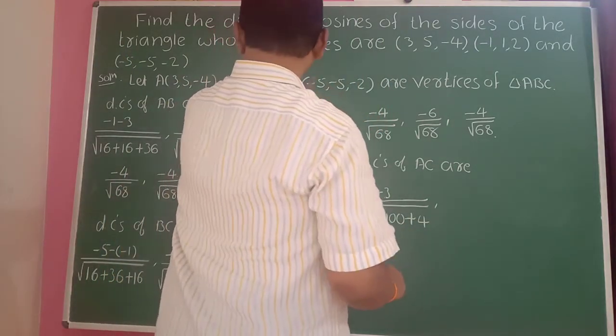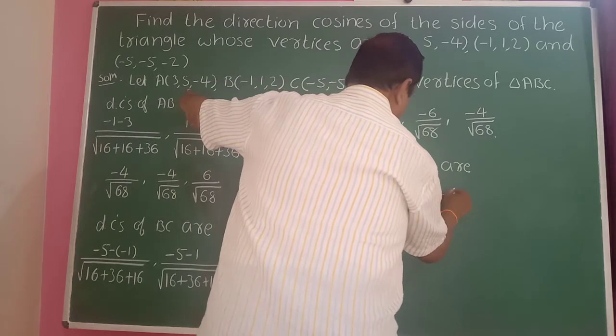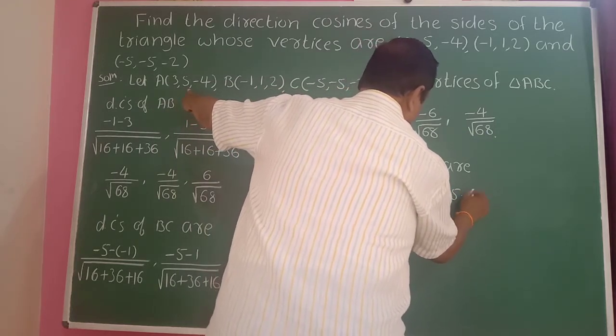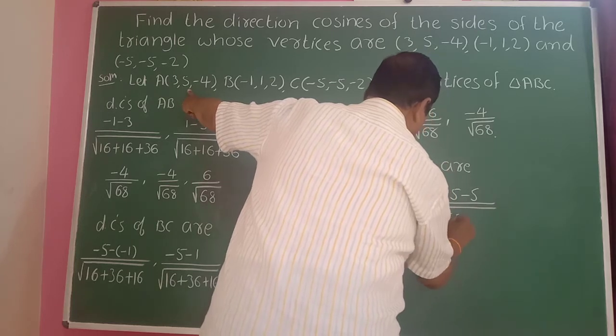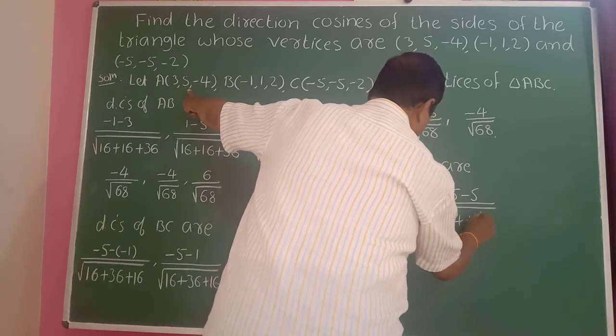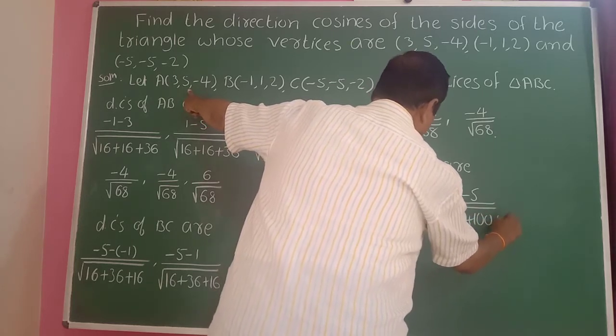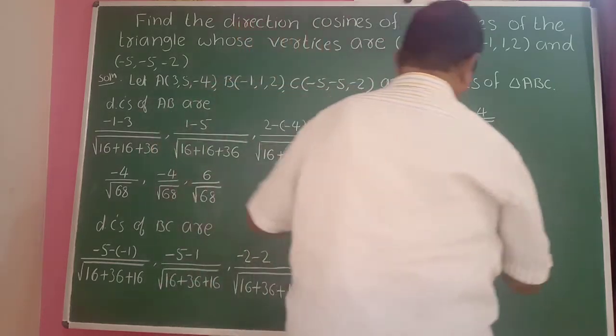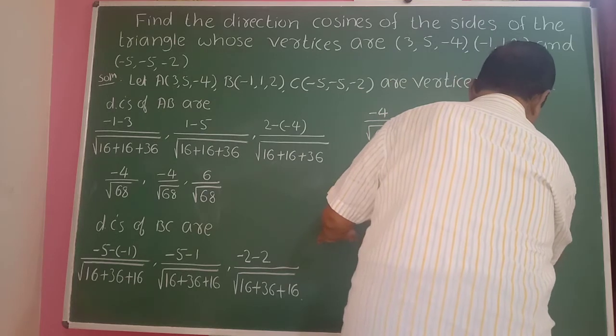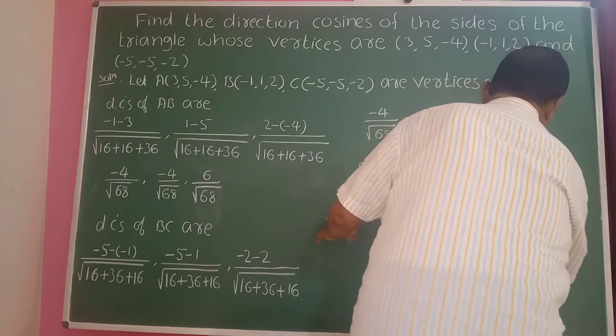Then minus 5 minus 5, divided by root of 64 plus 100 plus 4 here. Minus 2 plus 4, minus 2 minus of minus 4, therefore it becomes plus 4.